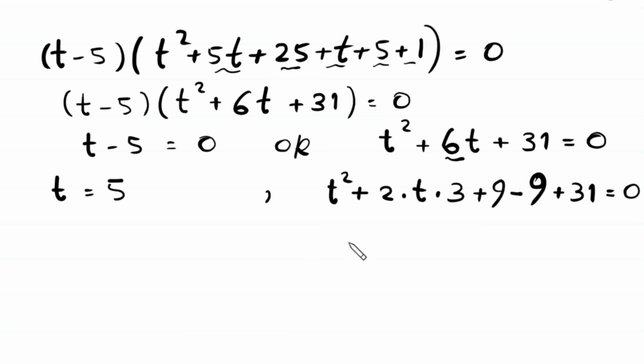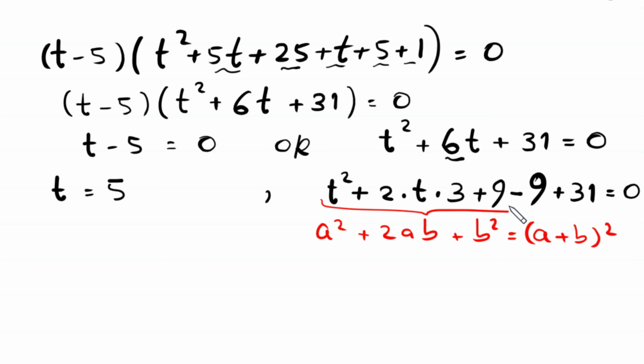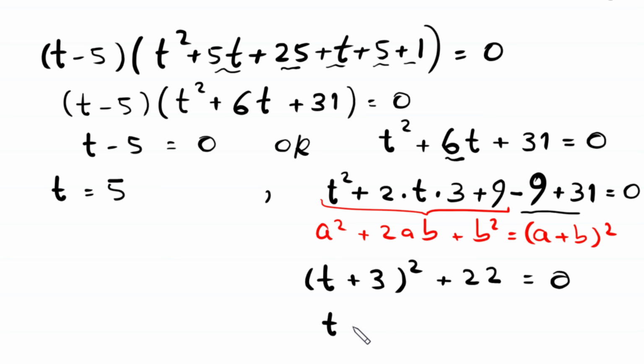By using the algebraic identity a² + 2ab + b² = (a + b)², t² + 2 times t times 3 + 9 becomes (t + 3)², and −9 + 31 becomes +22 equals 0. Move this 22 to the right hand side. This becomes (t + 3)² = −22.